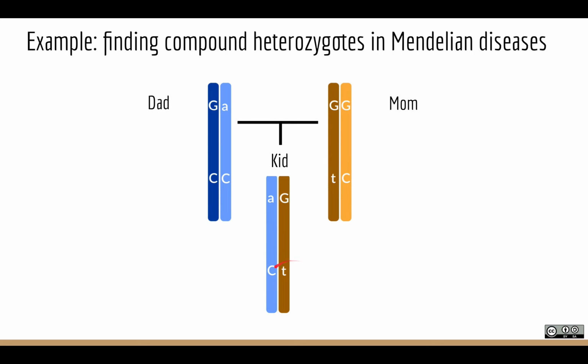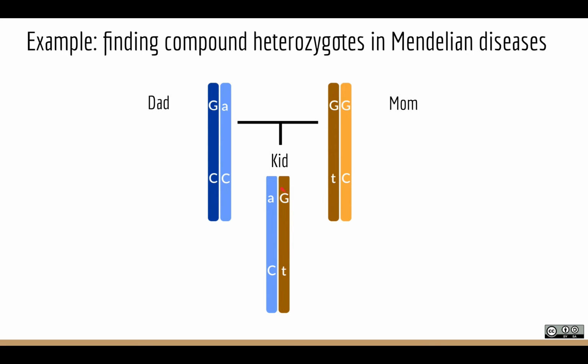So we'd have to have some sort of prediction about the functional consequence of this variant, so maybe a missense change, and we'd have to know something about the allele frequency of this putatively deleterious T allele, and we'd have to have the same information for this A allele to put together the puzzle to predict that, yes, this individual did inherit this as a compound heterozygote.